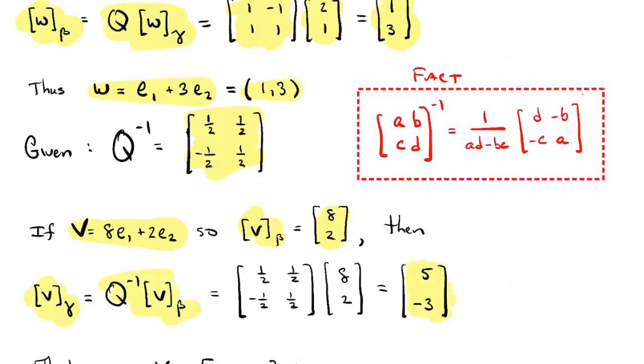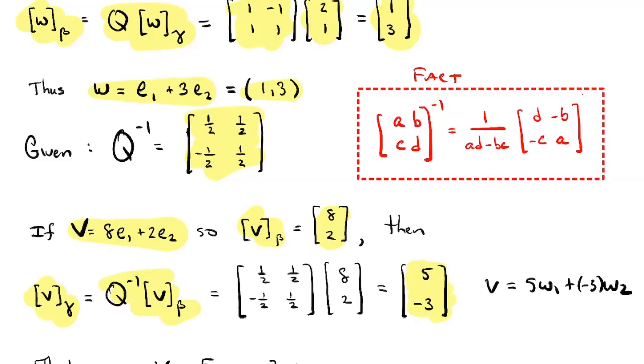I'll let you check my matrix multiplication, but you get the vector 5, minus 3. That tells me that this vector V, whose coordinates in the standard basis are 8, 2, if you want to write it in the gamma basis, you need to take 5 W1s and negative 3 W2s.